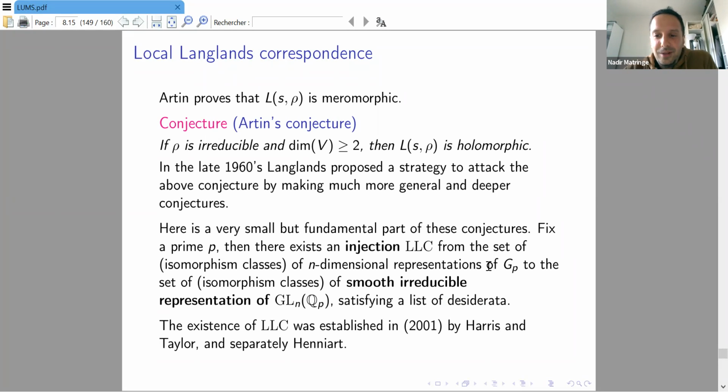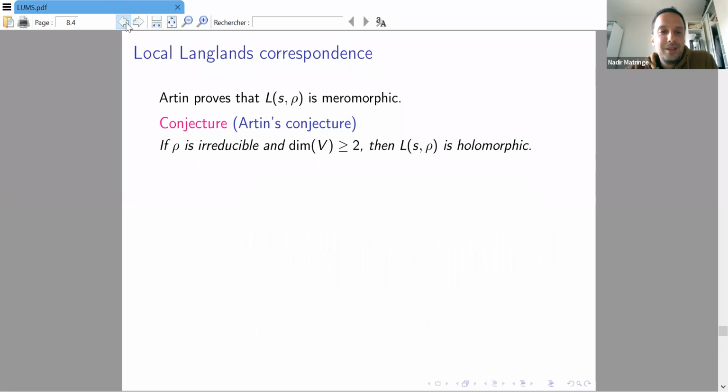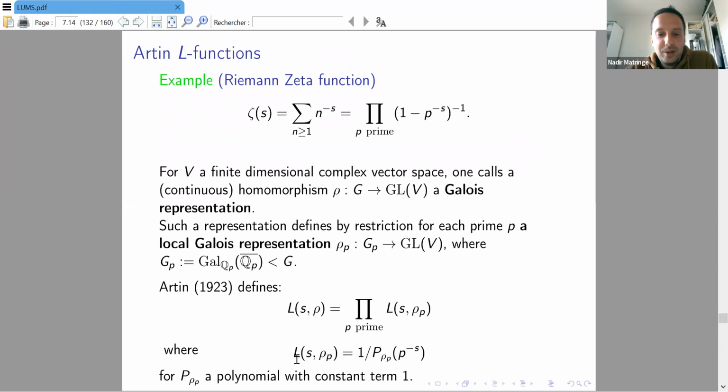So here, to a local representation of GP, you can attach the local Artin L function, which I did not really define, but if I go back to the previous slide, this is the local Artin L function, you see here.